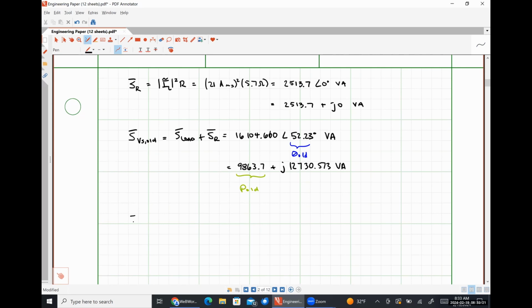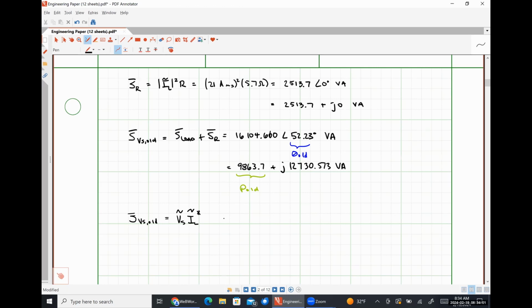S_S old is going to be our source voltage VS multiplied by the complex conjugate of our load current. We don't have the complex conjugate of our load current because we were just given the magnitude of our load current, right? So this is something, but it's not exactly what we're looking for.